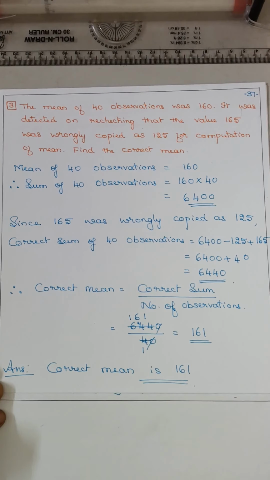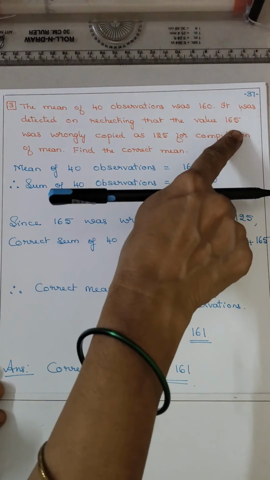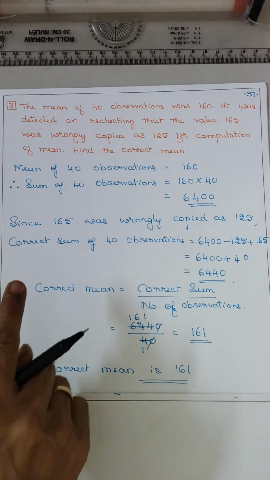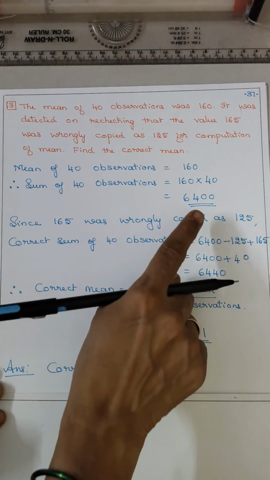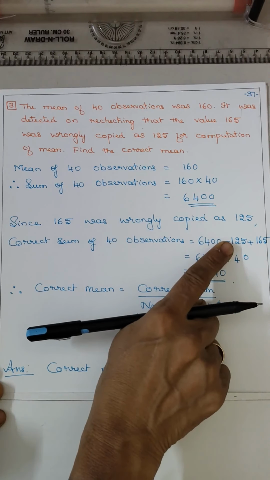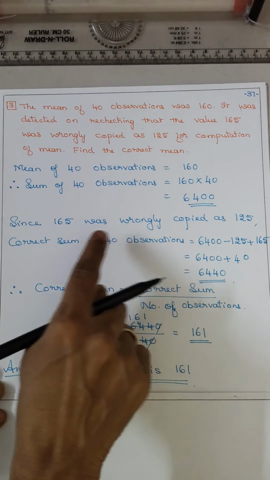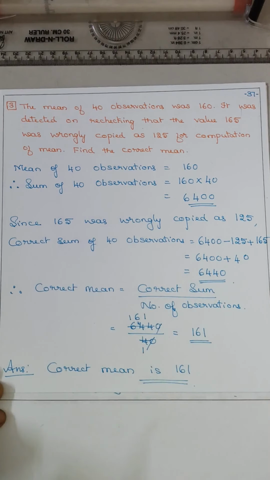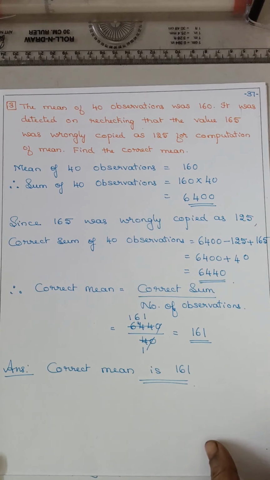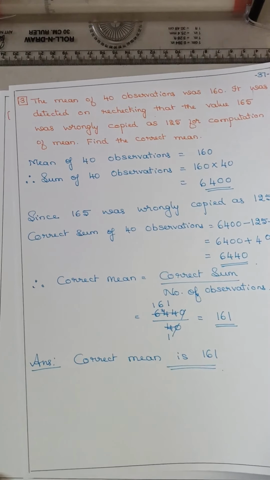Immediately find out the sum of 40 observations, and then since 165 was wrongly copied as 125, correct sum will be the original sum minus the wrongly copied plus the actual observation. Then find out the actual sum, correct sum, then correct mean. So that was question number 3.